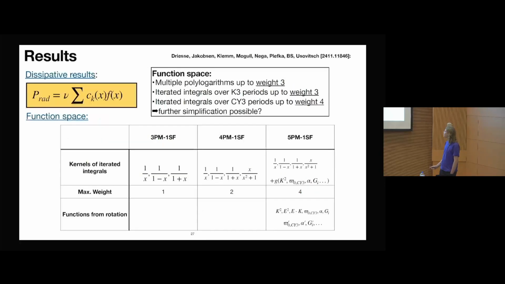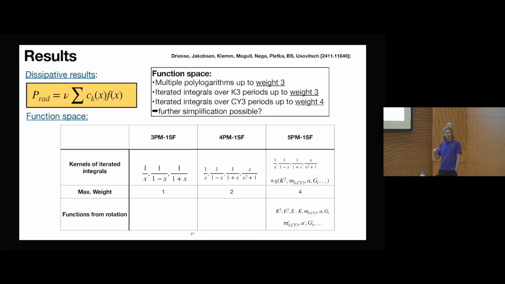But this is not all we computed. We also have the radiated momentum. But here it's getting interesting because here the integrals with the Calabi-Yau threefold periods appeared. What is the function space here? Again, we have the multiple polylogarithms up to weight 3.